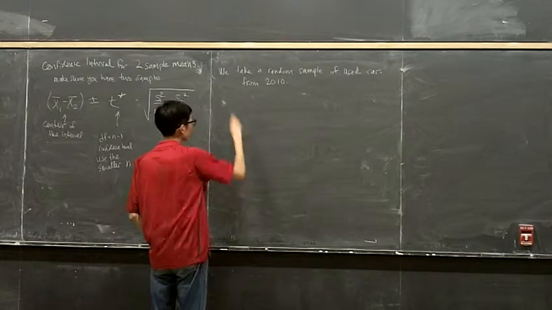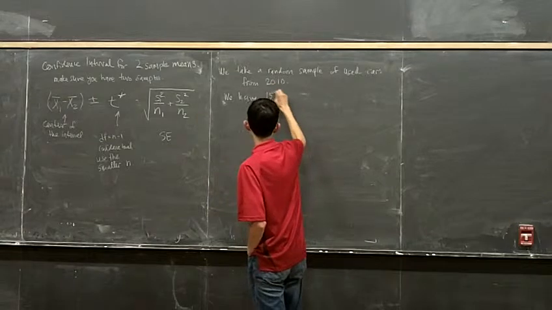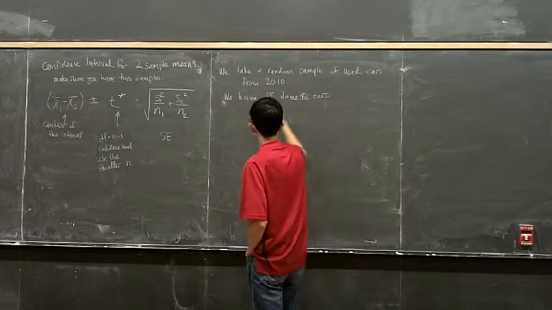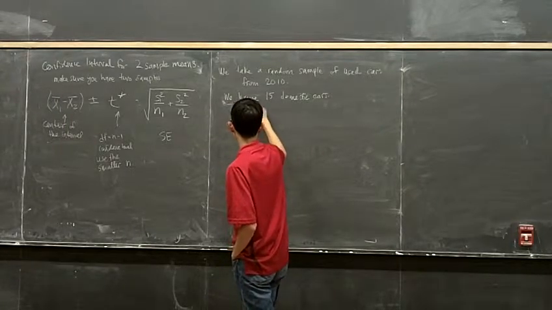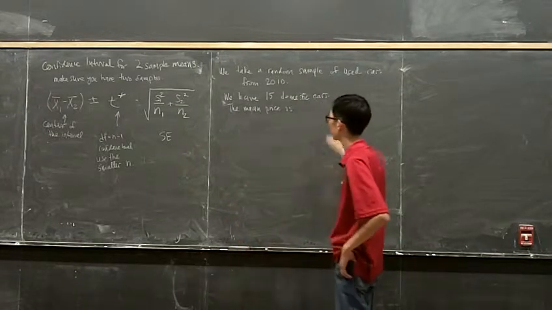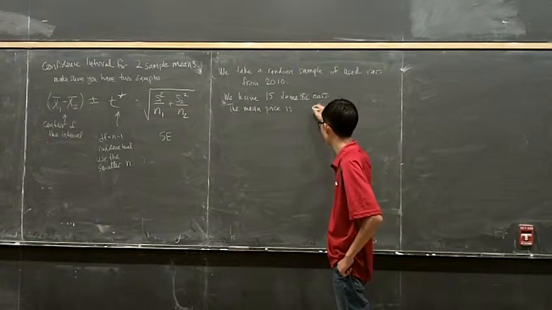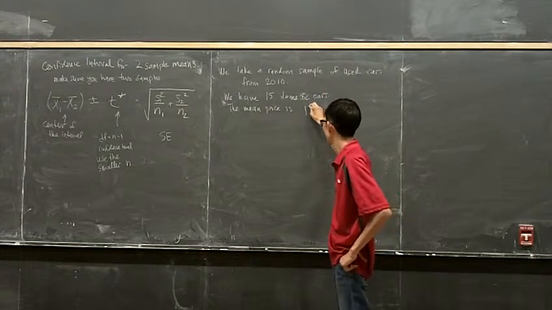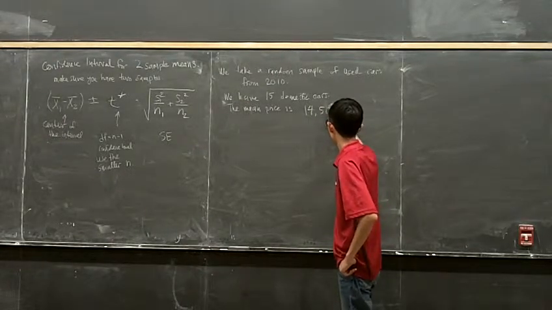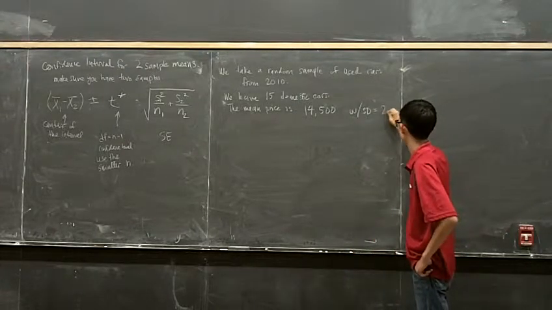We have 15 domestic cars, and the mean price is, I don't know, how much is a used car from 2010? Depends on the car. $14,500, with a standard deviation of $2,500.